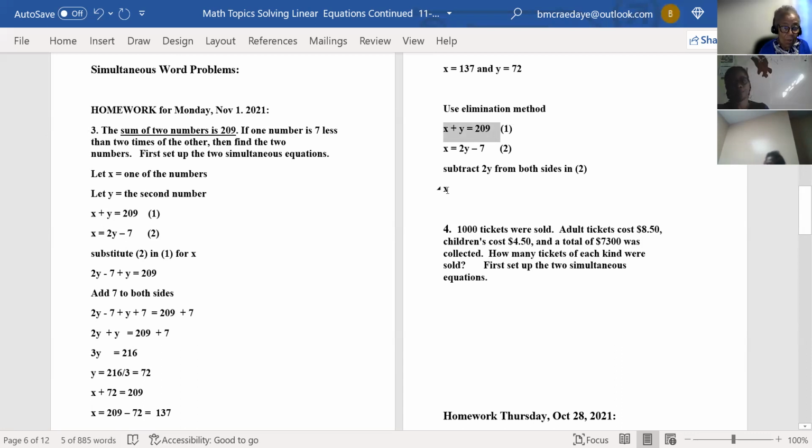And then subtract 2y from both sides. I'm just trying to get it in the same format as this one. Then this becomes both sides of number 2. So that would be x minus 2y equals minus 7.